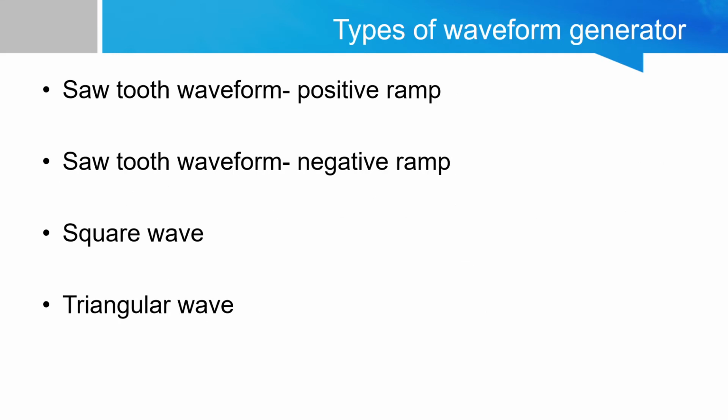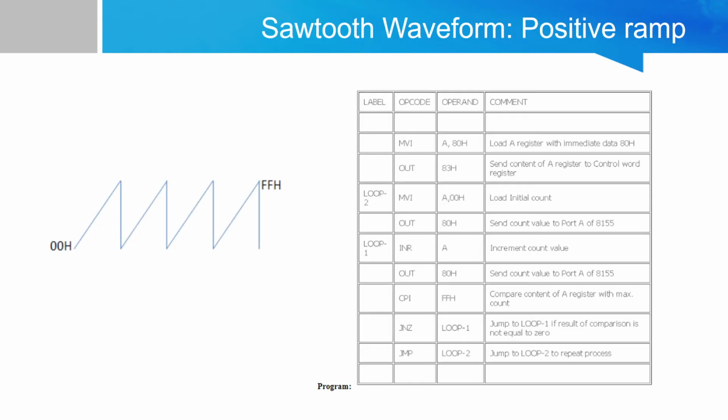There are 4 types of waveform generators: sawtooth waveform with positive ramp, sawtooth waveform with negative ramp, square wave, and triangular wave. So this is the application of the sawtooth waveform, positive ramp. We can see the waveform for the sawtooth and the program description of the sawtooth waveform.